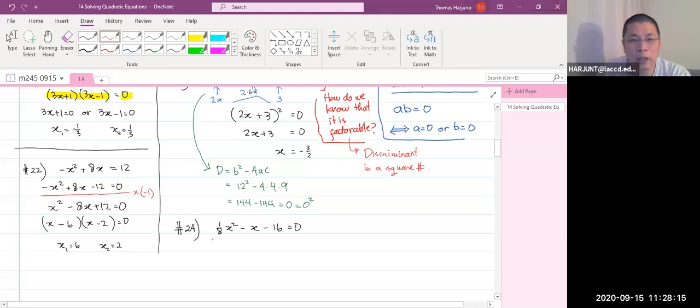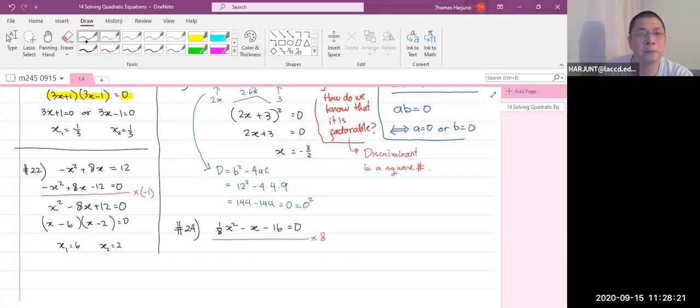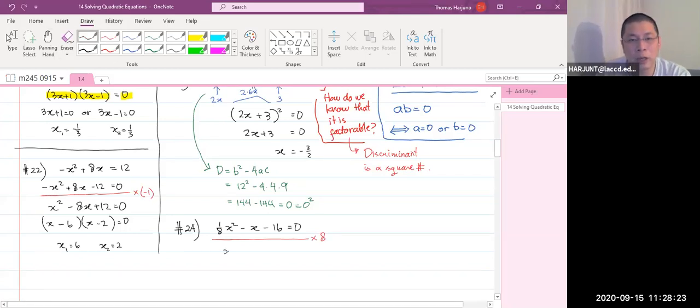That 1/8 is kind of disturbing. Let's multiply by 8 just to make it a lot nicer. So we get x squared minus 8x minus, what's that? 128 equals 0.